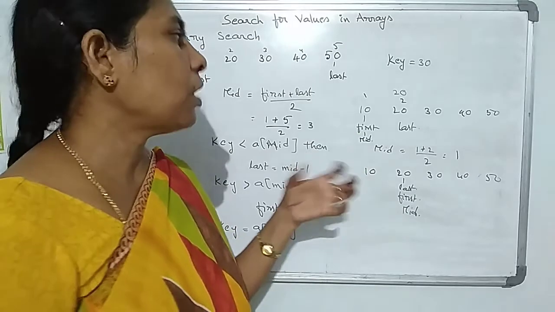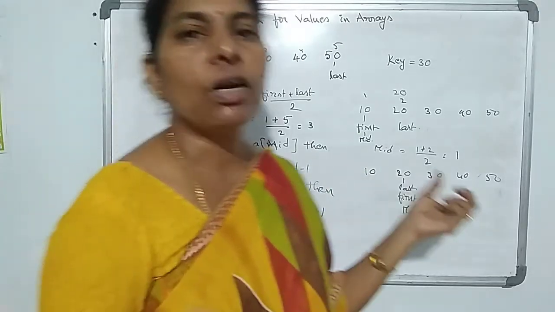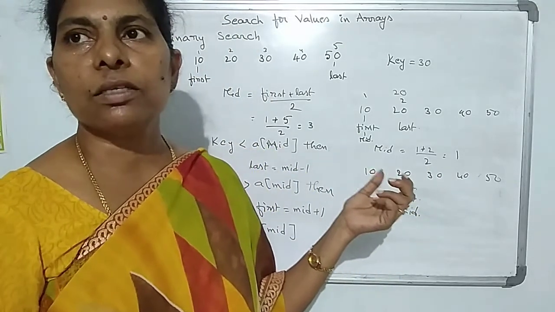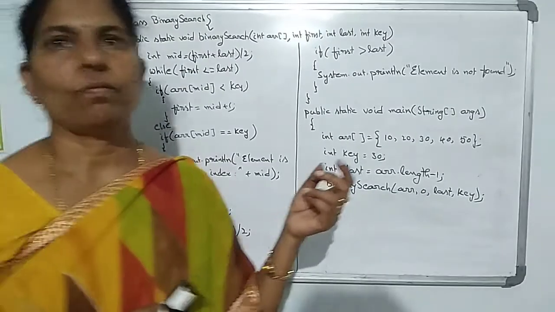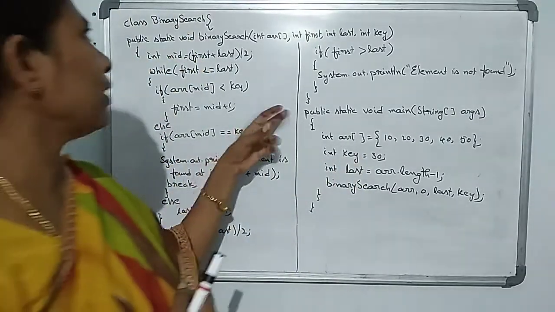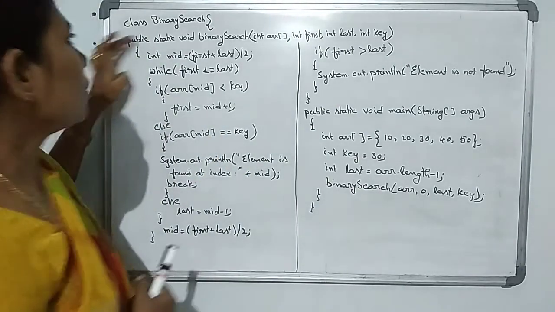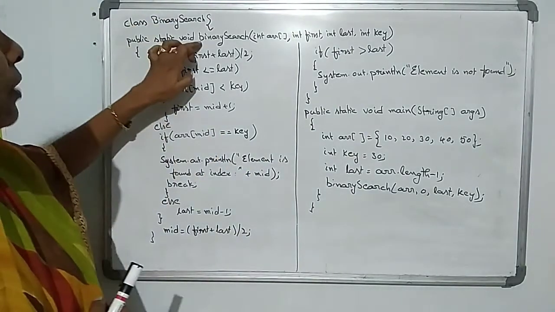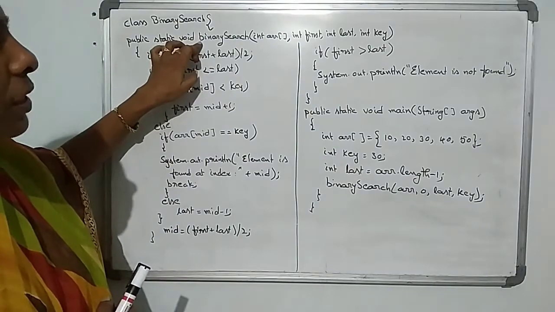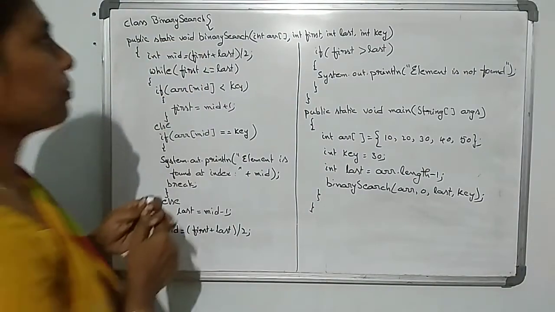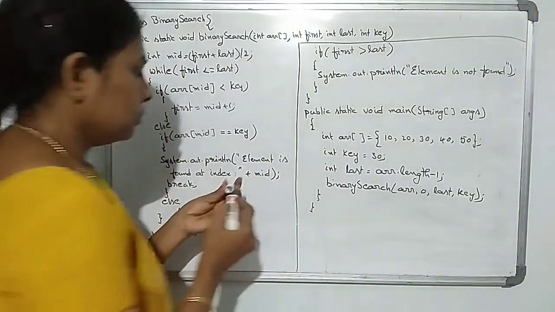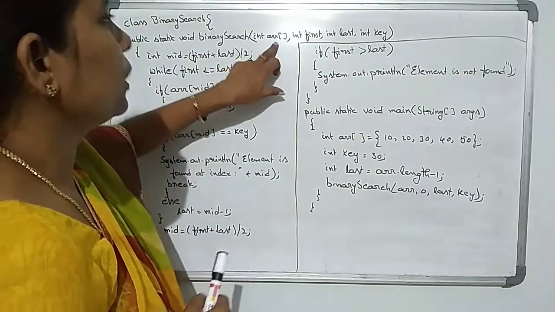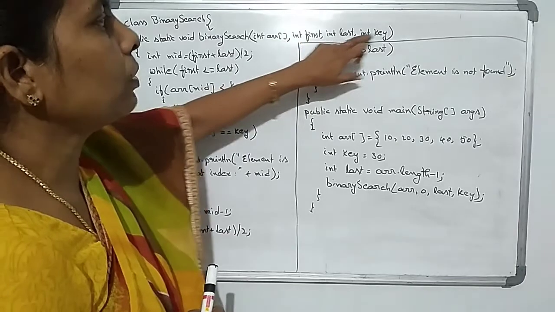Okay, now I will discuss the program you can write for the binary search. This is the program of the binary search. In the class, public static void binarySearch, I am taking the function binary search, which contains the arguments: the array, first element, last element and key element.